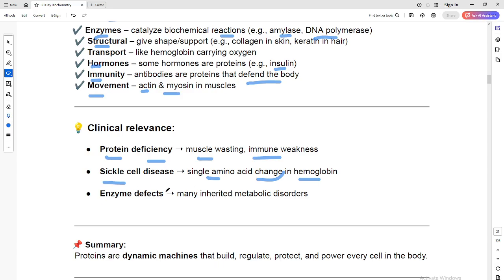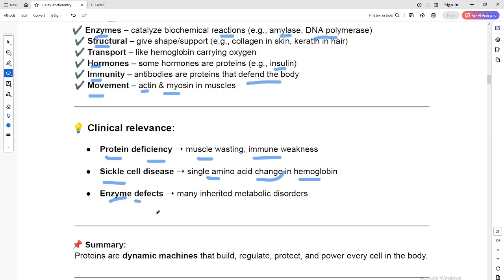This can give you an idea about the importance of the specific sequence of amino acids inside each protein. Even a change in a single amino acid leads to a problem in the function of this protein.